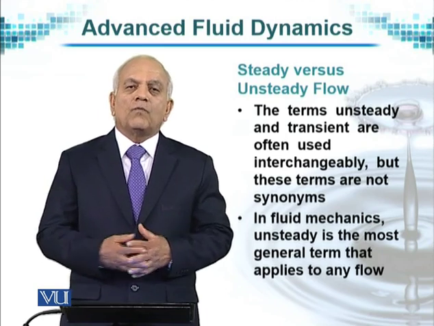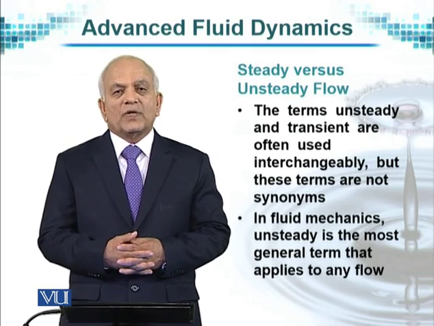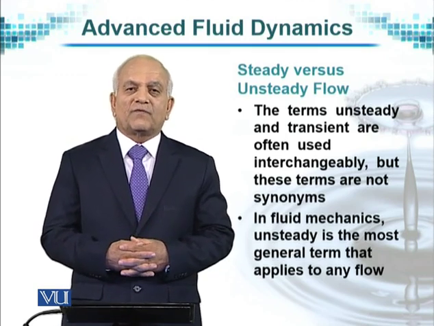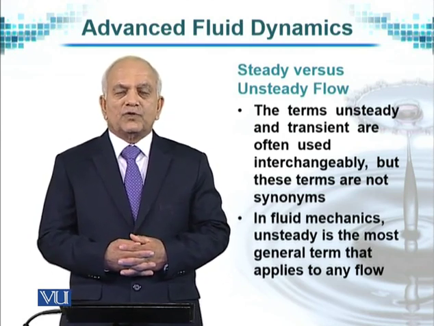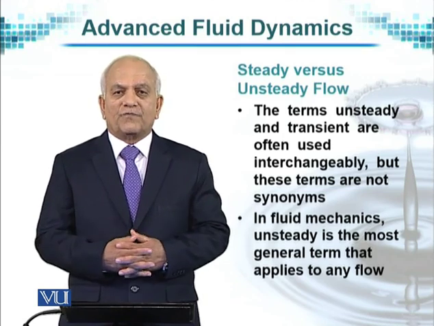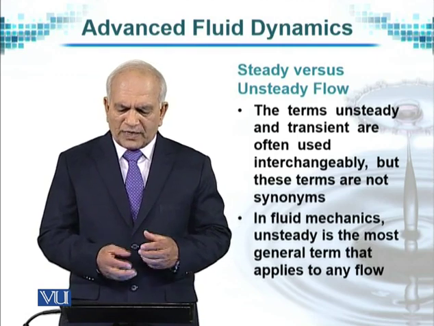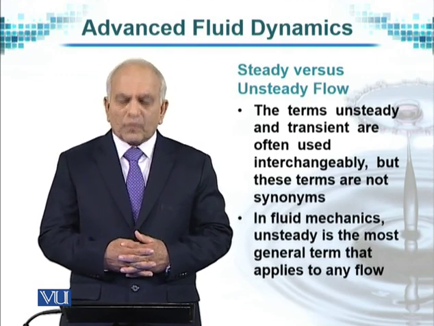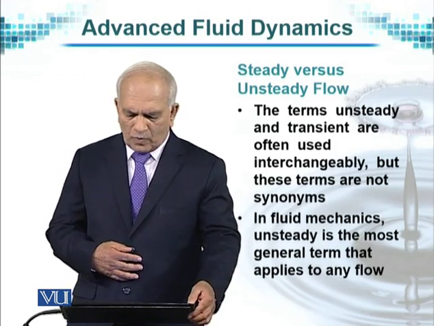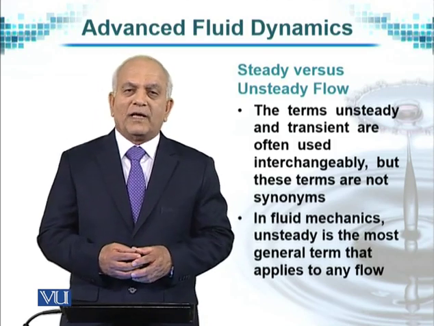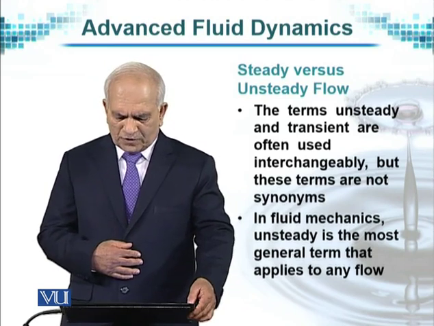The transient flow is the one that changes initially, and there is change in the parameters of the fluid, but after a certain time it settles down to a routine and uniform flow. So it becomes a kind of steady flow. There is a clear-cut difference between unsteady and transient flows, and when we apply it to equations of motion, we should know where we are applying it and what implications, boundary conditions, etc. we are imposing on the equation.